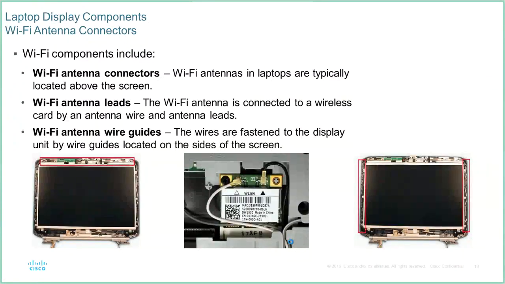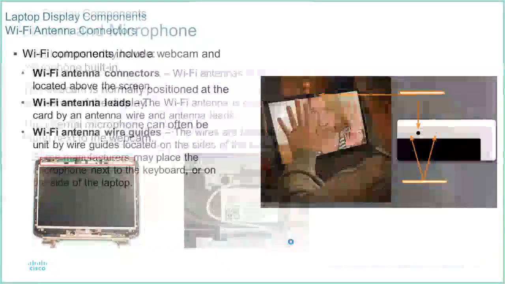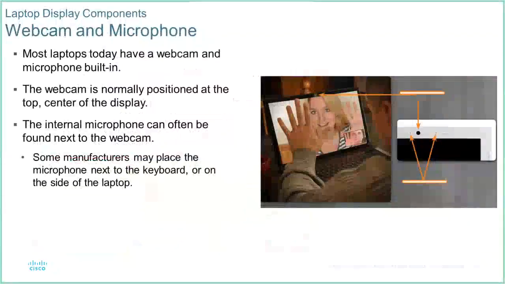Webcam and microphones are available in most mobile devices now. It is very common practice for people to put a post-it note over the top of their webcam, because webcams are notoriously easy to hack, and the function light does not necessarily need to come on to indicate that the webcam is working.